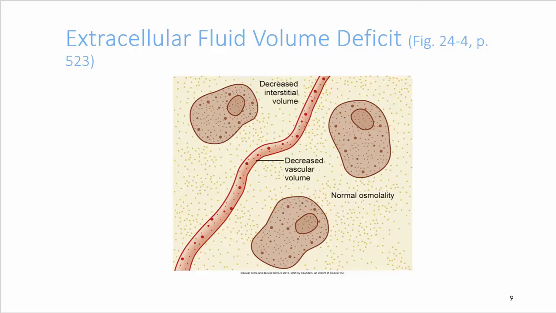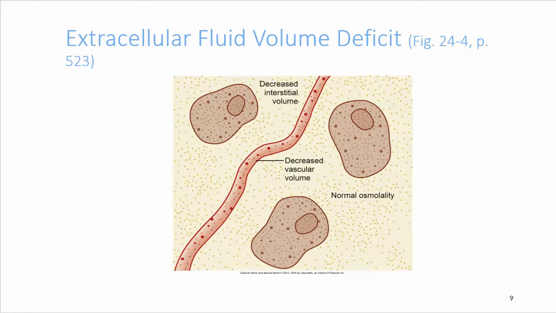Now, a lot of people can have a combination of these things going on, or they'll have them at different times in a process. So we'll start out with this figure, which is showing an extracellular fluid deficit. So there's not enough extracellular fluid. This is a saline imbalance of not enough extracellular fluid.